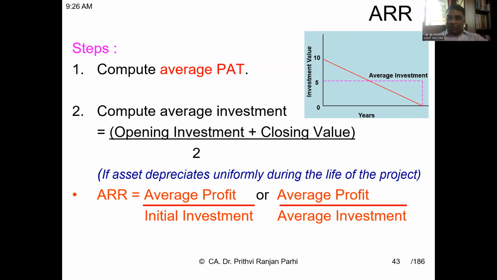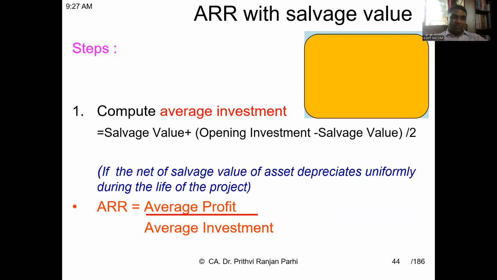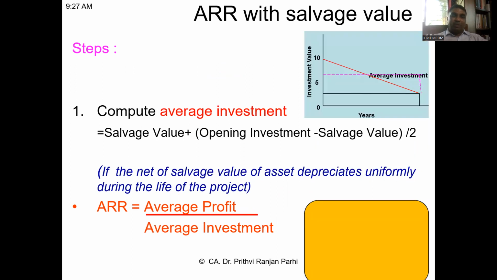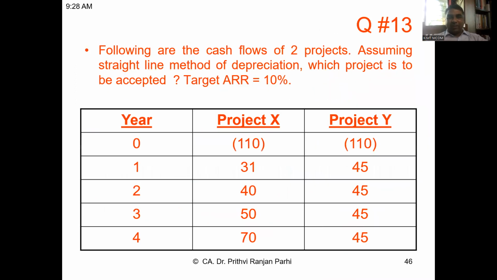If you're comparing projects, each project's ARR should be computed by following a consistent method. If you decide on one formula, that formula needs to be consistently applied for all projects. So how to compute average investment? Opening value plus closing value divided by 2.